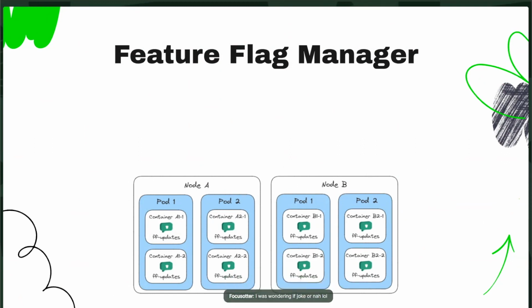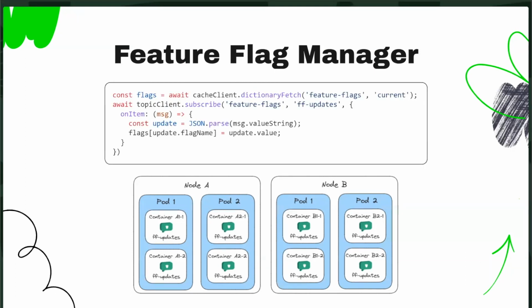Okay, so we have Kubernetes, and we want to keep everything in state. In this very small example, we have 8 containers out there that all have a feature flag configuration object. It has maybe 20 different feature flags that you're tracking, and based on that, the code deviates based on what the feature flag says. On startup, each one of these containers is going to do 2 things. One, it's going to get the entire configuration object for feature flags out of a cache.